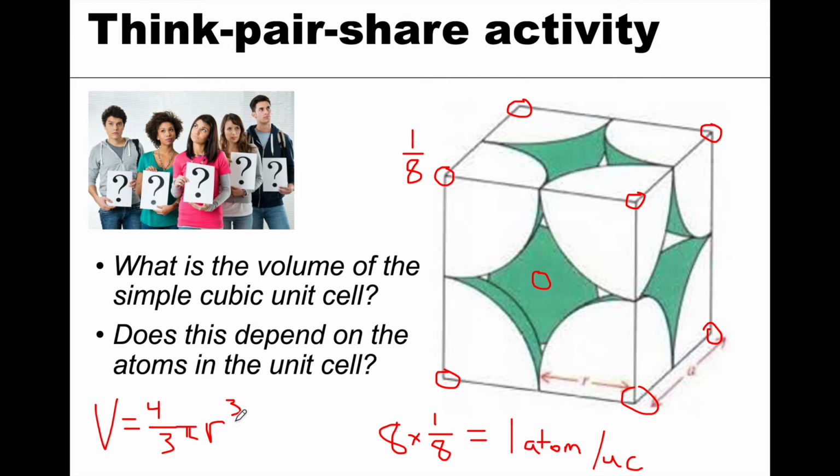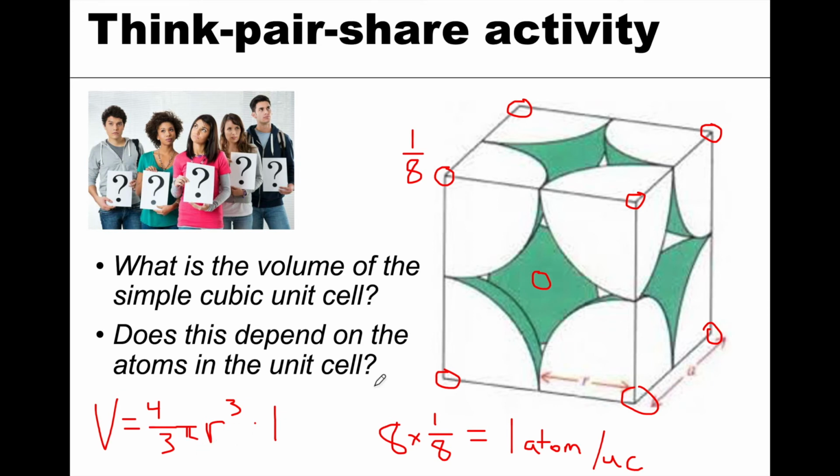Since we're only looking at the volume of 1 atom, this is multiplied by 1. So effectively the volume of the atoms in this unit cell is this equation here, 4/3 pi r cubed.